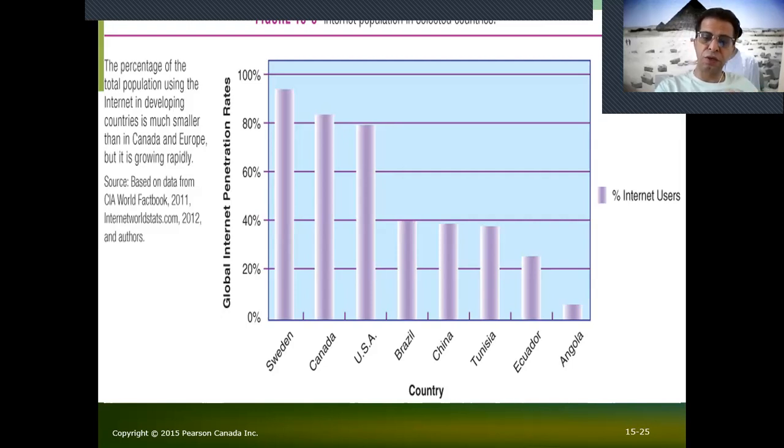You notice here, for example, Angola has the lowest percentage using the internet, and Canada and the USA are high, after Sweden. So that's another challenge, and other countries are catching up very fast. The percentage of the total population using the internet in developing countries is much smaller than in Canada and Europe, but it's growing rapidly.